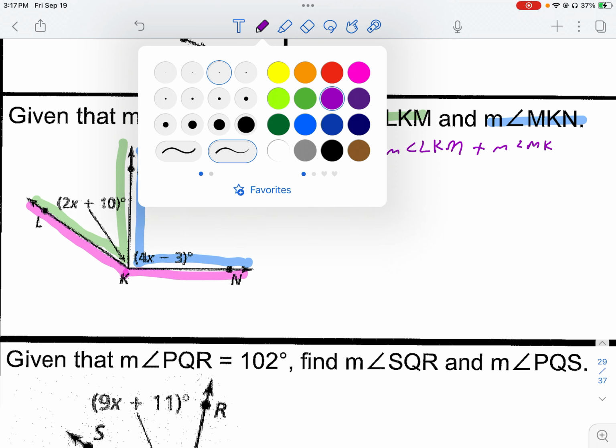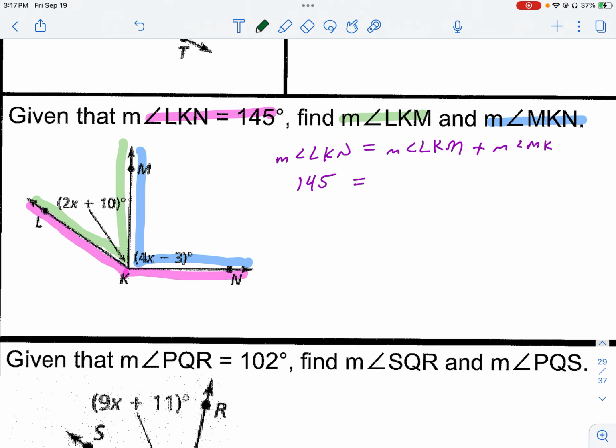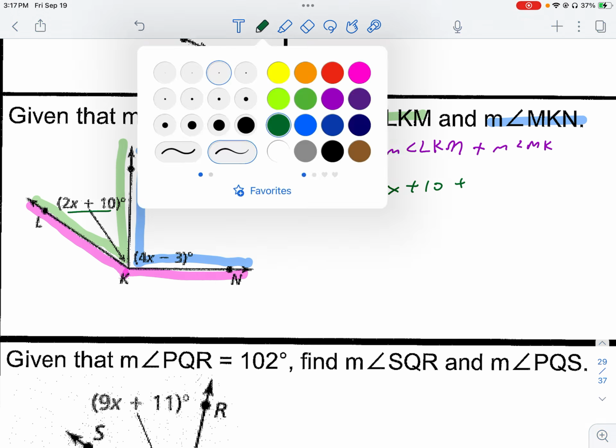We know that the measure of angle LKM is 2x plus 10. So let's substitute that in.